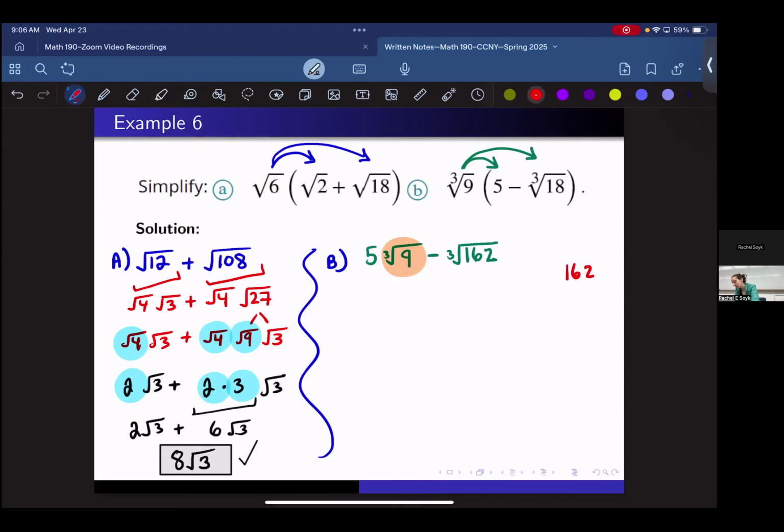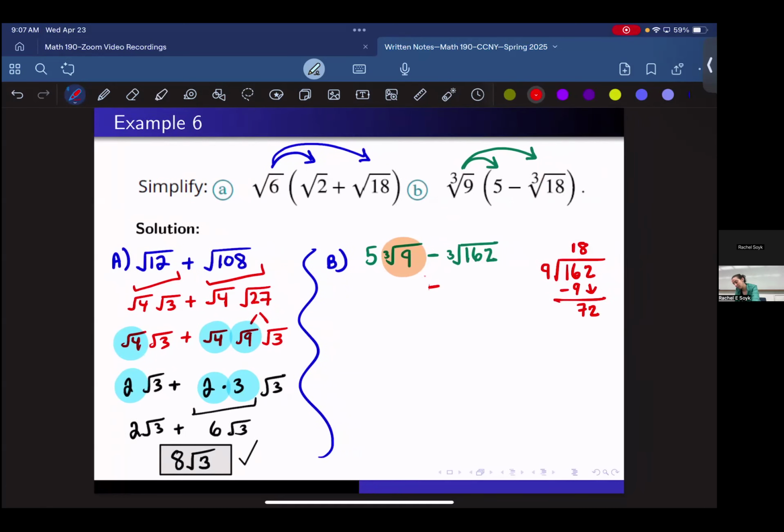How many times does 9 go into 162? It goes into 16 once. And then we have 72. And then 9 goes into 72 8 times. So it goes into 162 18 times, which we could have figured out because we just multiplied the two together.